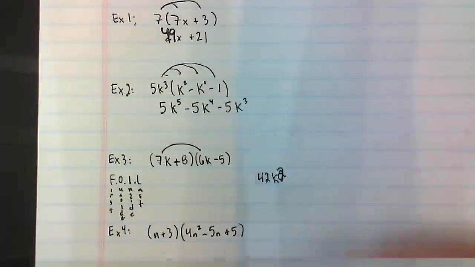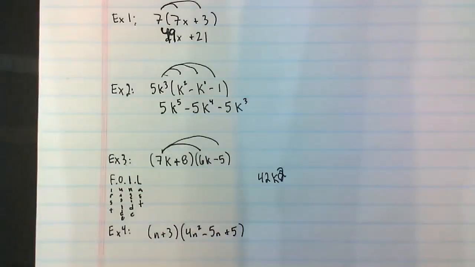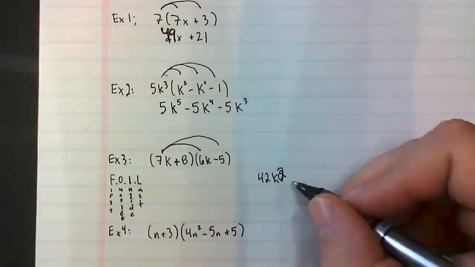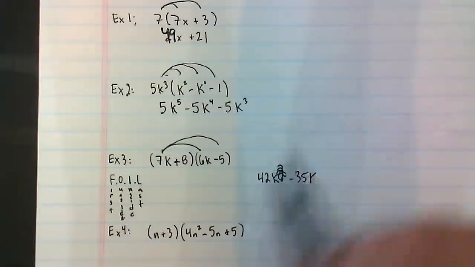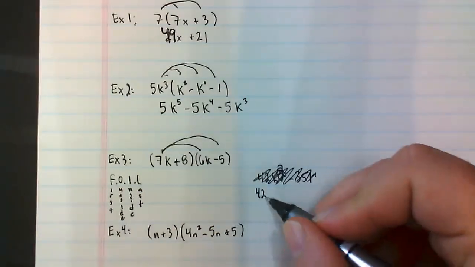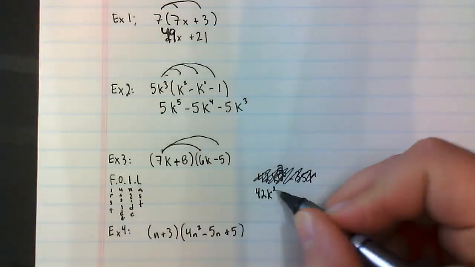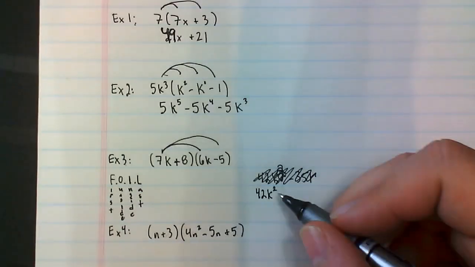And then the I stands for inside, so multiply the inside term. So 8 times 6k is 48k. And then 8 times negative 5 is negative 40.